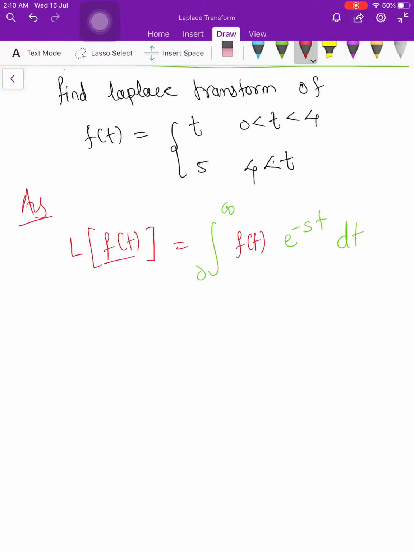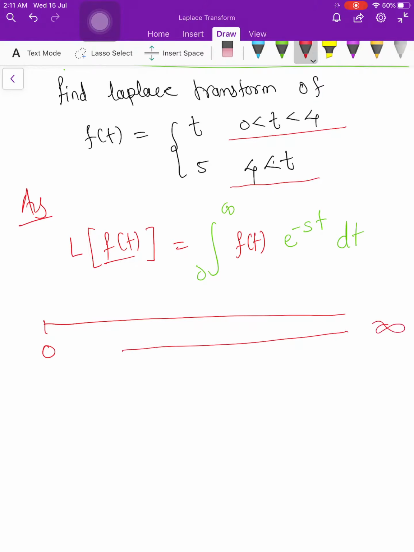But here your function is divided into two parts, since your limit starts from 0 and it goes up to infinity. Between 0 and infinity there is a halt, so you have a halt at 4.